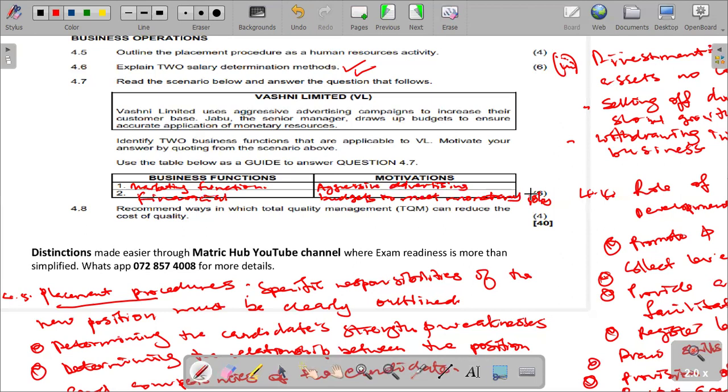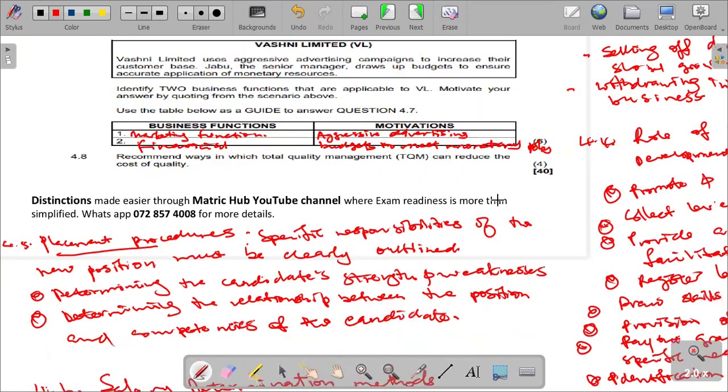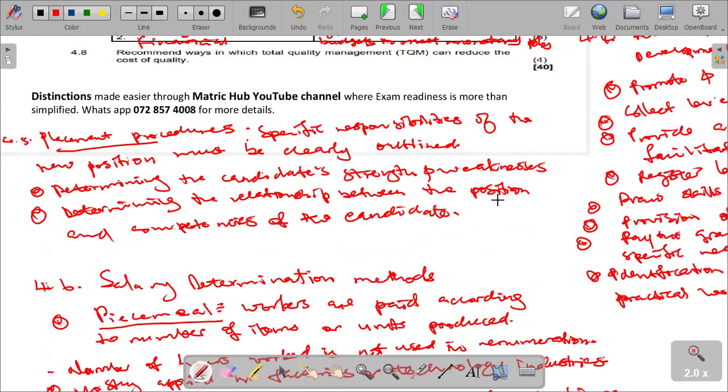These are functions which are supported by advertising in terms of marketing, and financial function, which is supported by the budgets that are there in order to meet the monetary policy, or monetary resources, that is also within this context.